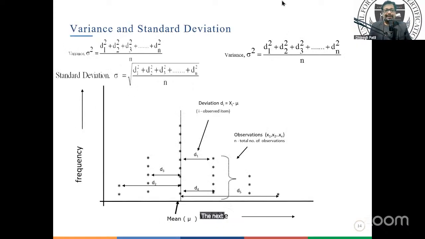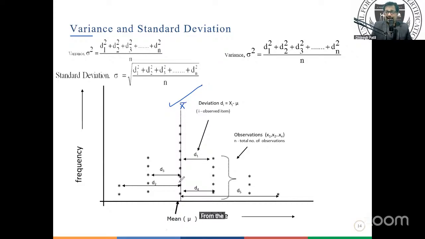The next one is called variance and standard deviation. Let's try to understand this. Similar to what we have done earlier, this is a histogram or a central tendency distribution. First we calculate the mean of the data. Imagine this is the mean, x bar, the center.